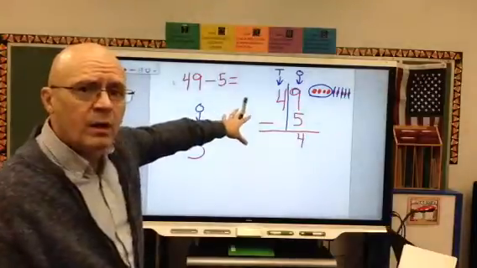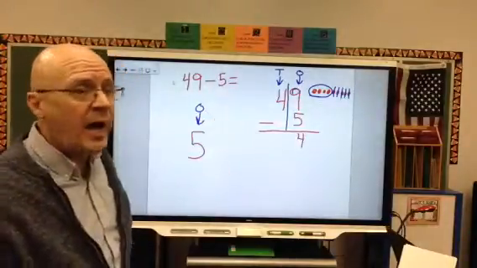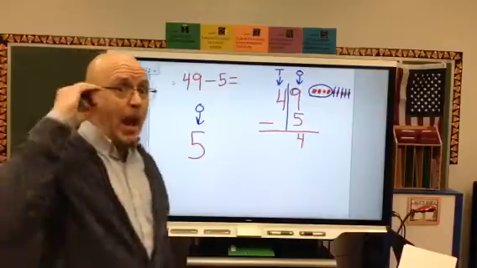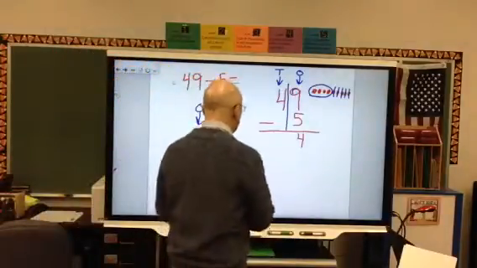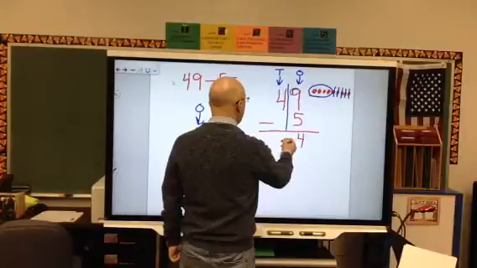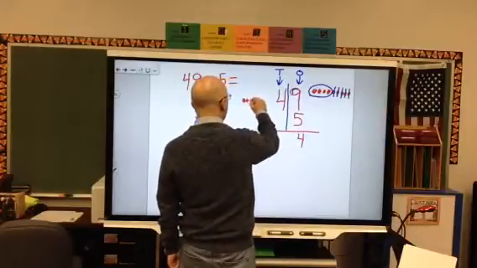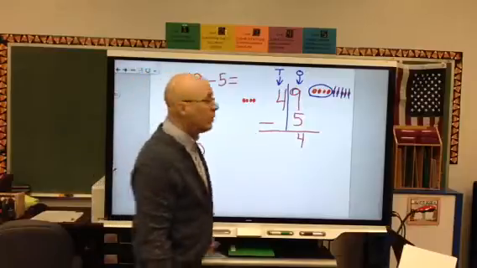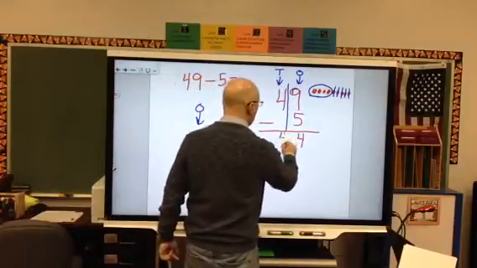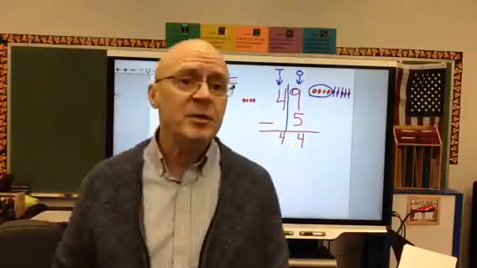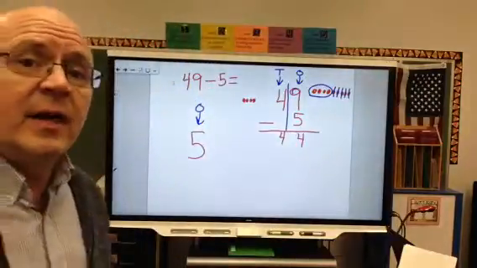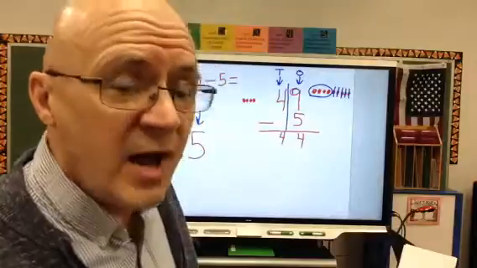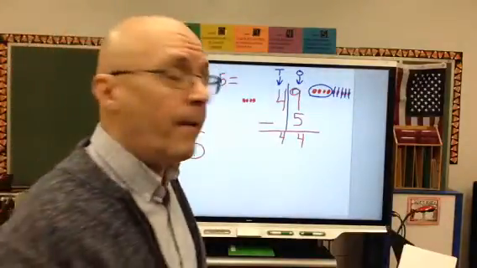I have 4 tens in the number 49, but how many tens are in the number 5? 0. Zilch, right? That's 4 minus 0. If I have 4 of something, and I don't take anything away, what do I have left? 4. So my difference between 49 and 5 is 44.